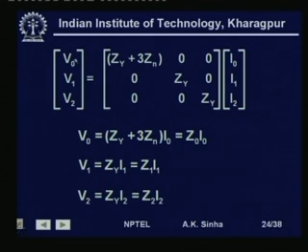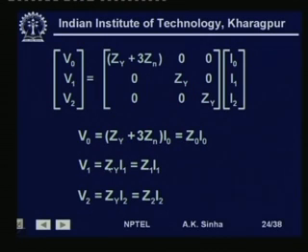So, if we put in this voltage relationship, we have Vs, which is V0, V1, V2, equal to this Zs, which is a diagonal matrix, into Is, which is I0, I1, I2. So, what we see is we have 3 independent equations. V0 is equal to Zy plus 3 Zn into I0, which we can write as Z0 I0.